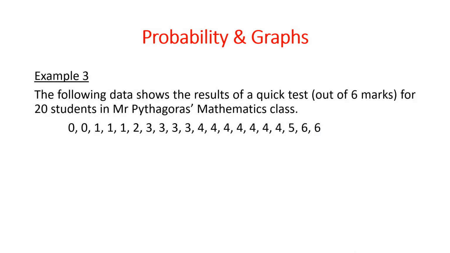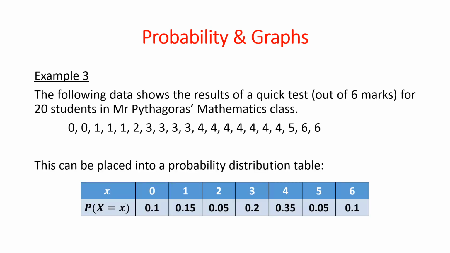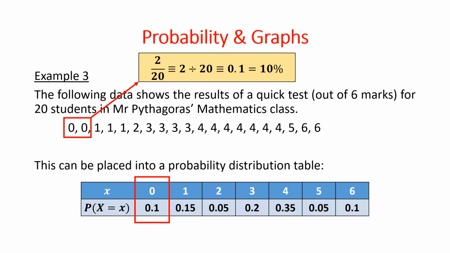All right, example 3. The following data shows the result of a quick test out of 6 marks for 20 students in Mr. Pythagoras' mathematics class. We're going to put it into a probability distribution table. Let's show you how we did this. So you can see 2 students out of the 20 scored 0. 2 out of 20 is equivalent to 10% or 0.1.